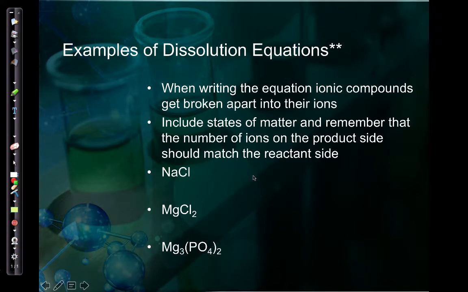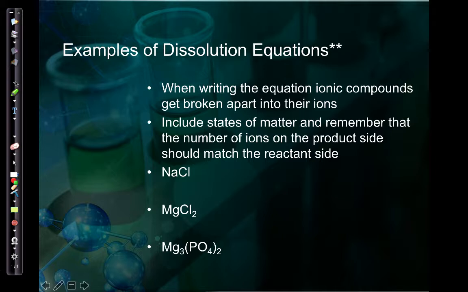When you write an equation for dissolving an ionic compound, the number of ions that you start with needs to match the number of ions that you create. You also need to remember your states of matter, and that a polyatomic ion is not going to break down into its elements.